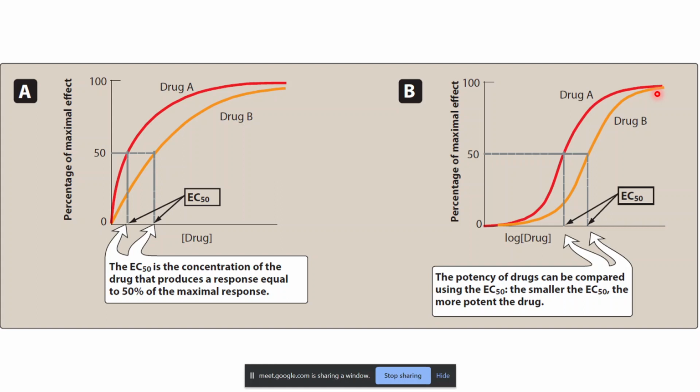And the second property is efficacy, and efficacy is the magnitude of response a drug causes when it interacts with the receptor. Efficacy is dependent on the number of drug-receptor complexes formed and the intrinsic activity of the drug. And the maximal efficacy of a drug assumes that all receptors are occupied.